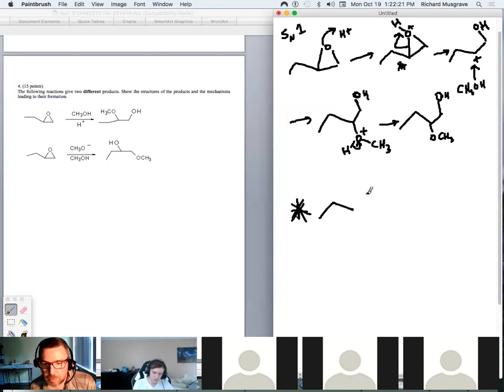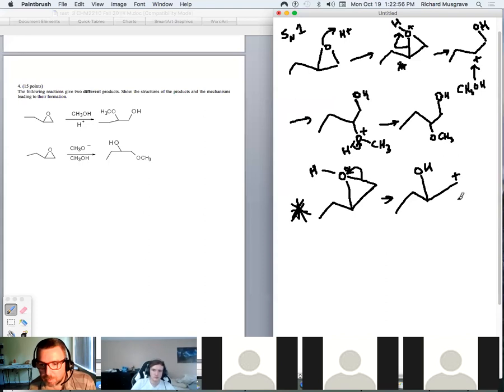Now let's look at the consequence of what would happen if we broke the other bond from the epoxide. Now remember, the epoxide is a very unstable creature. It's at 60 degree bond angles, like an equilateral triangle. So these bonds are very prone to break. And if we broke off the other bond, what we'd end up with is a primary C+, which is very unstable.